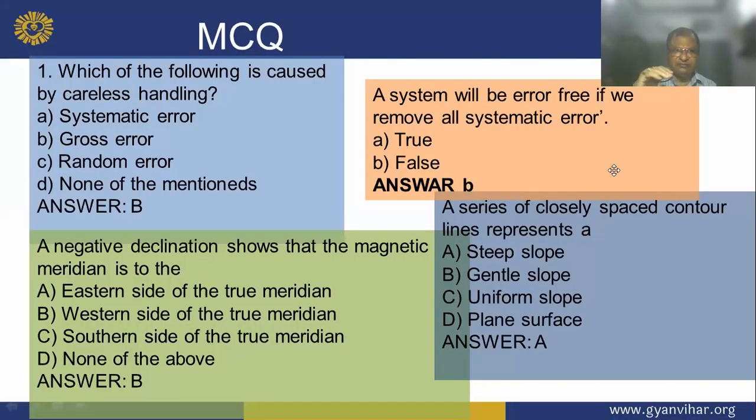The first MCQ is: which of the following is caused by careless handling? So what is the correct answer? The correct answer is B, cross error. And the next question: a negative declination shows the magnetic meridian to the, what is the correct answer?